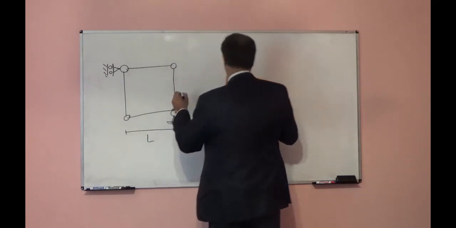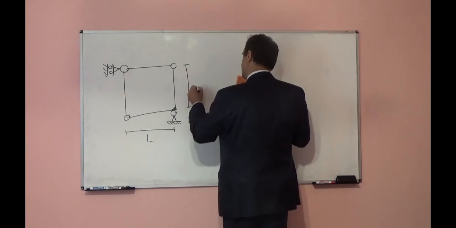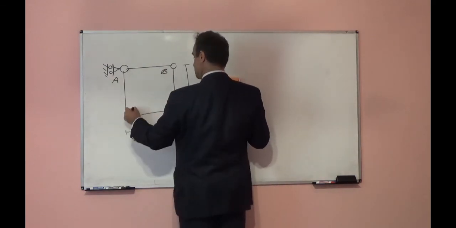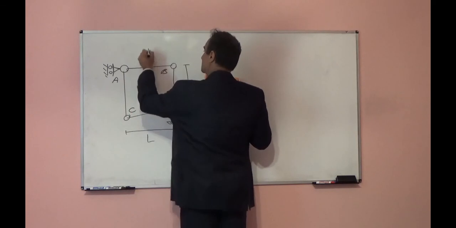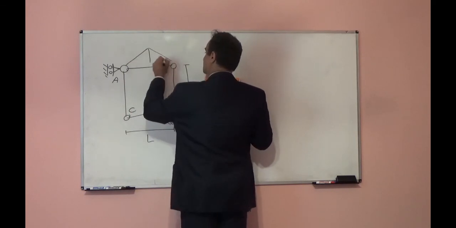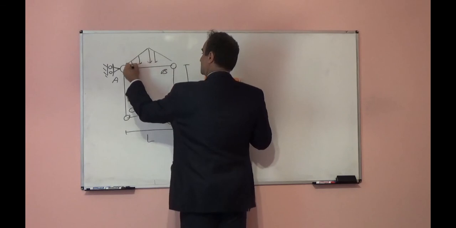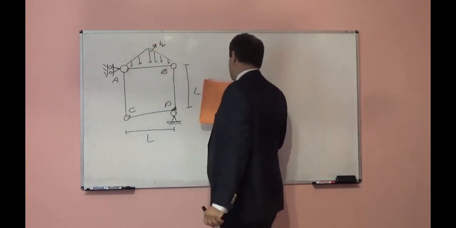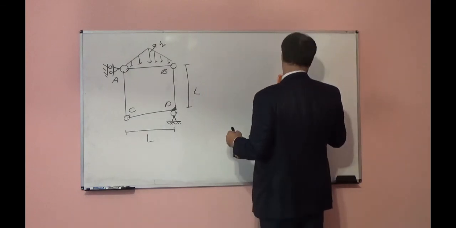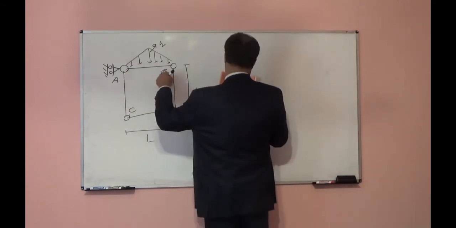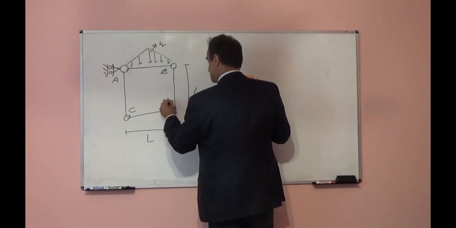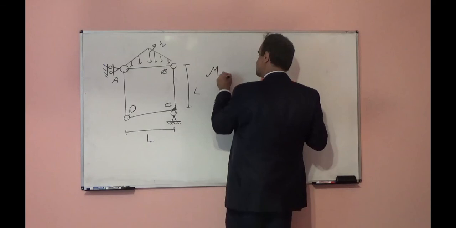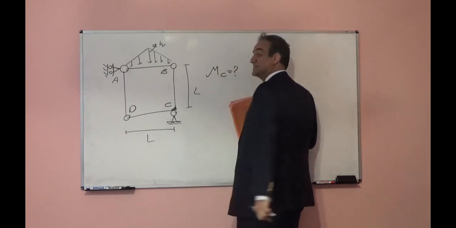This is L. This is L. A, B, C, D. External load is triangle distributed load. This is W. We want to find, let's see, A, B, C, D. We want to find MC, moment at joint C.